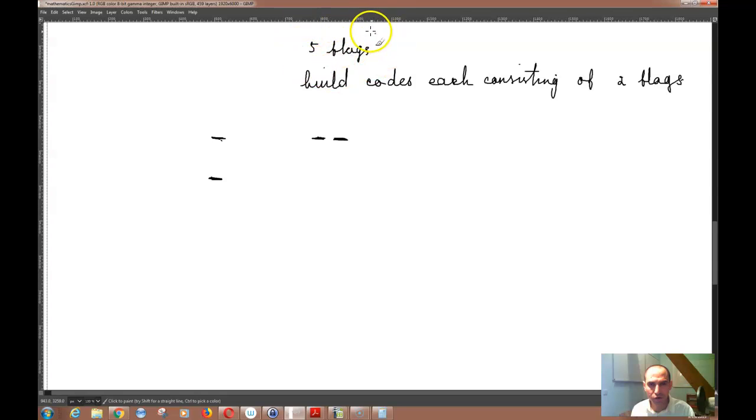So if I'm not repeating anything, I have 5 ways of filling this placeholder and 4 ways of filling this placeholder, which would be 5 times 4, which is equal to 20 codes in total, which is the right answer here. Okay.